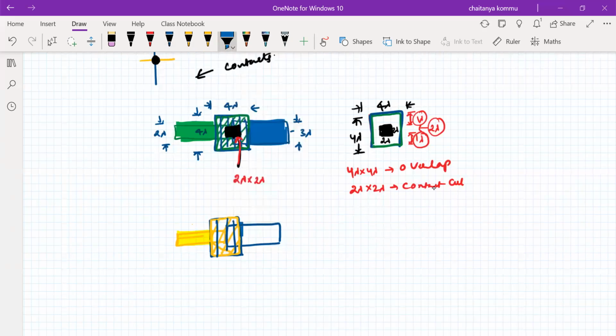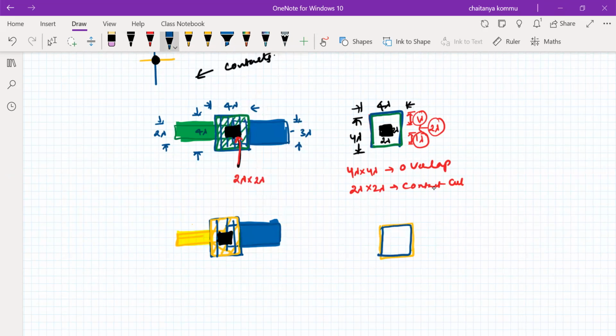What is the contact cut for now here? Black color 2 lambda by 2 lambda. Okay. So therefore we have to take an overlap region of 4 lambda by 4 lambda. Okay, it's a mixing of two colors.